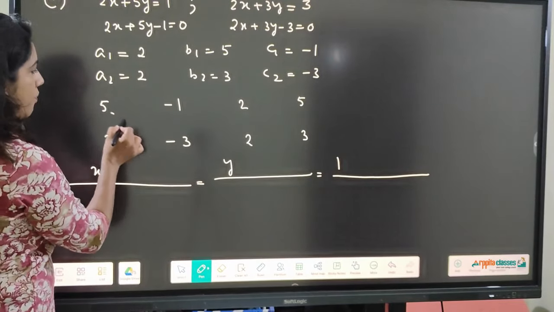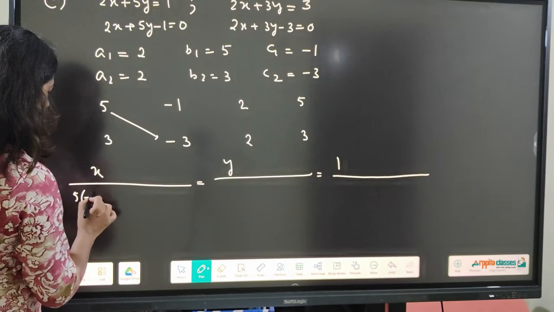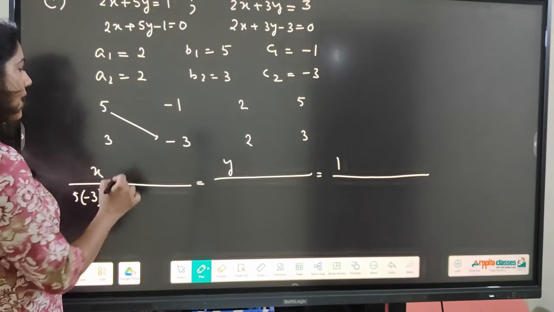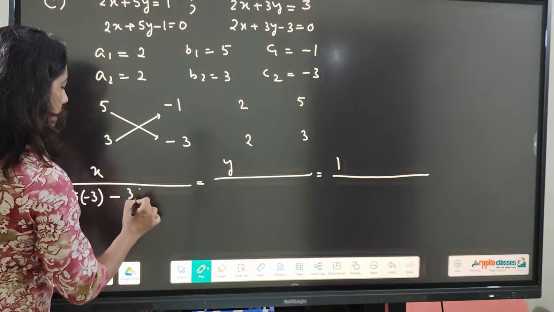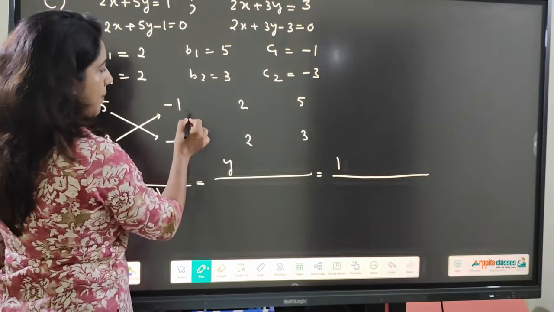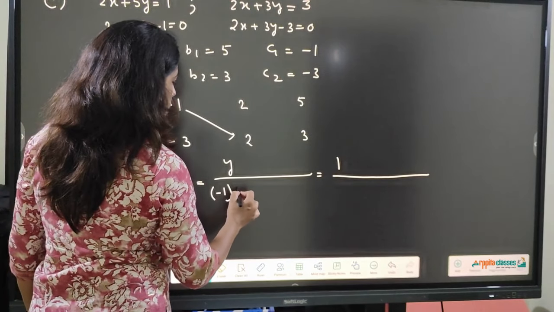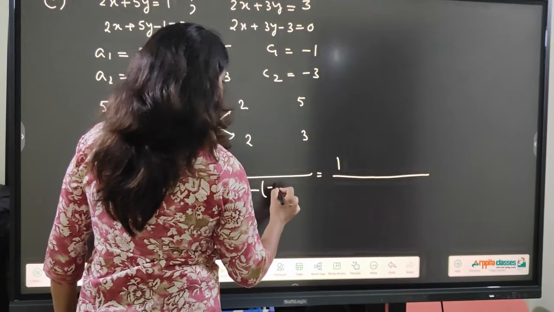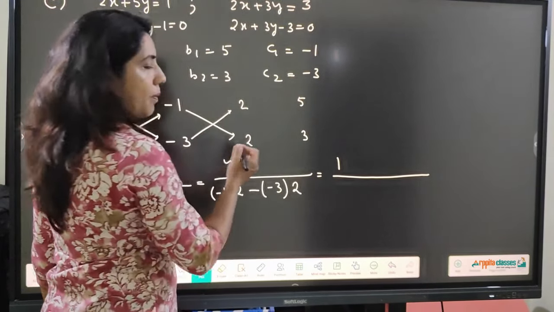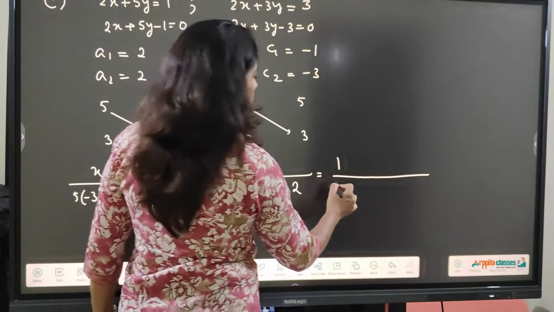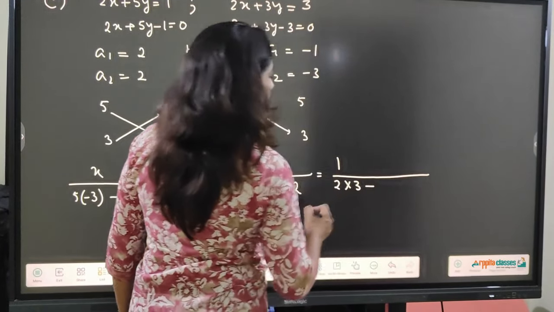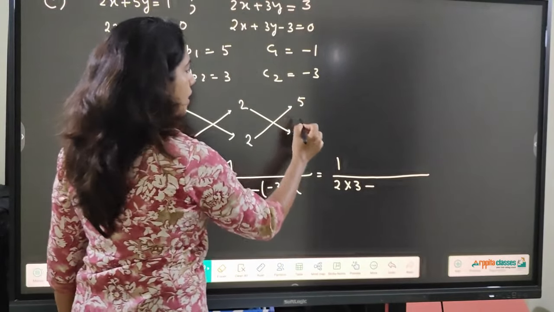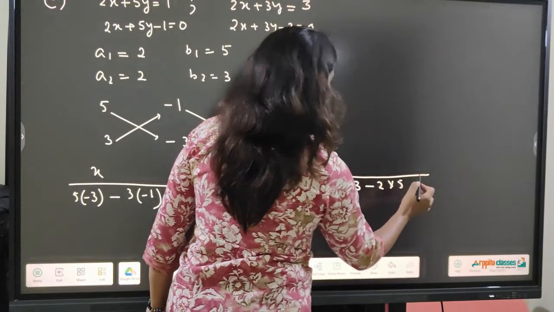So under x upon 5 into minus 3, there is a minus sign in between and then 3 into minus 1. Upon y upon minus 1 into 2, there is a minus sign in between and then minus 3 into 2. Now upon 1 upon 2 into 3, there is a minus sign in between and then 2 into 5.